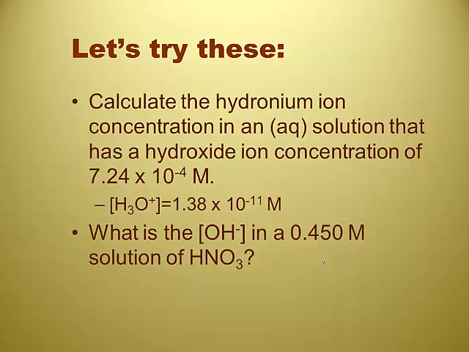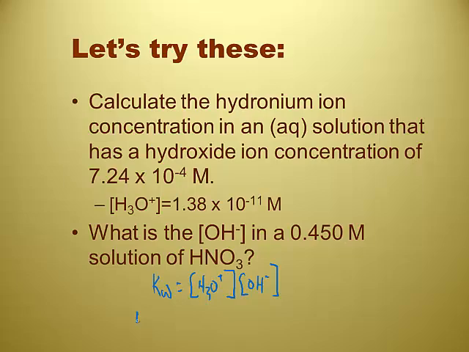All right, what is the hydroxide in a 0.45 molar solution of HNO3? This is a strong acid. I recognize it. The 0.45 molar is for the acid, but since it dissociates 100%, the 0.45 molar will also stoichiometrically be the concentration of the hydrogen ion, correct? Should be, yeah. So Kw is equal to the hydronium ion concentration times the hydroxide.